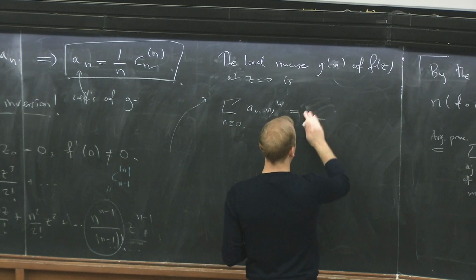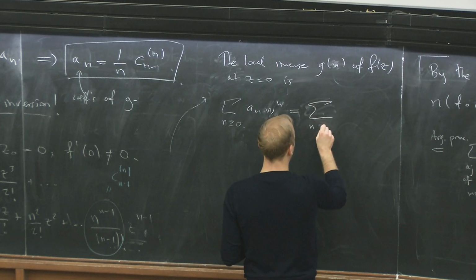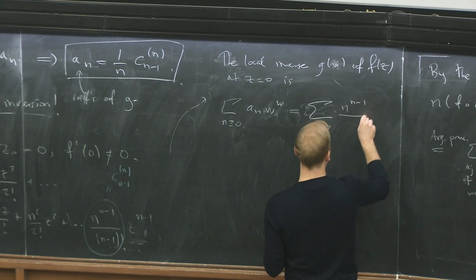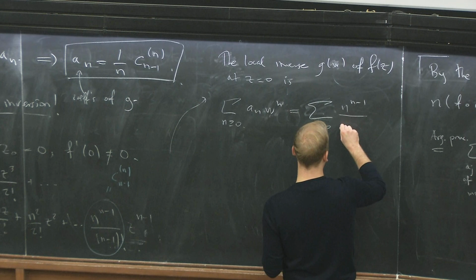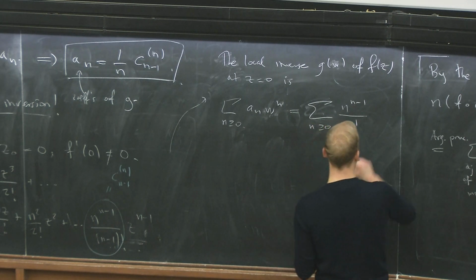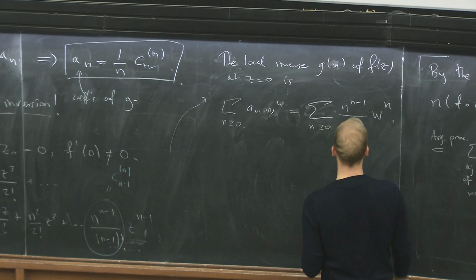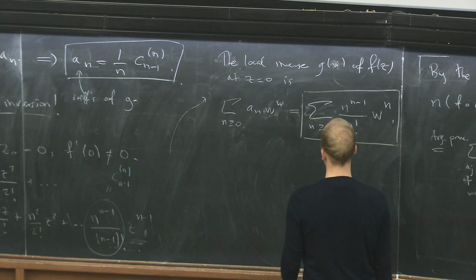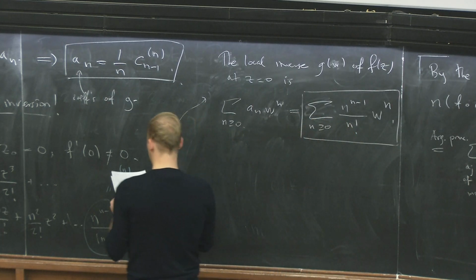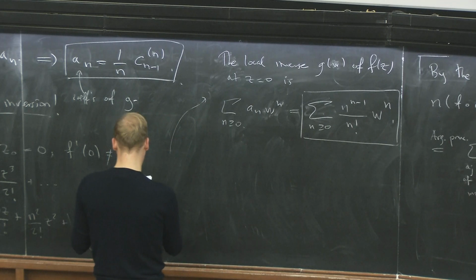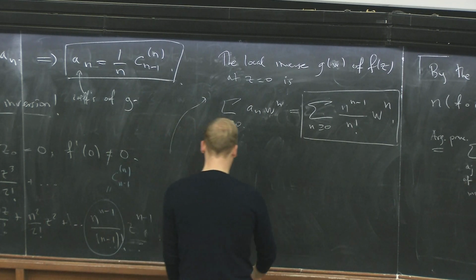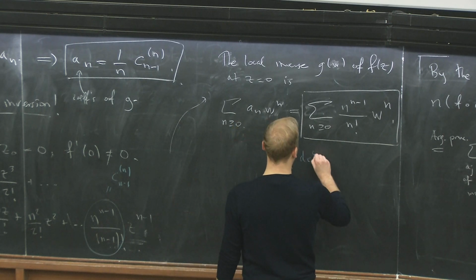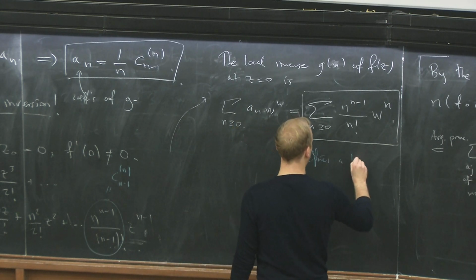So it's actually equal to the following sum of n to the power n minus 1 divided by n times n minus 1 factorial, so n factorial, times w to the power n. And just as a bonus, this then defines the local inverse. So underline this.